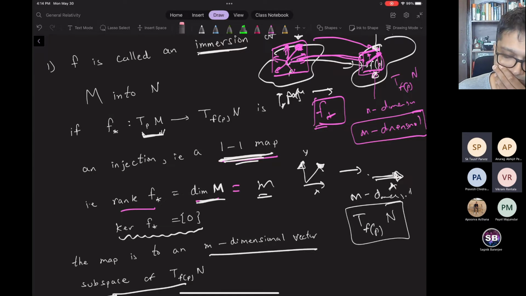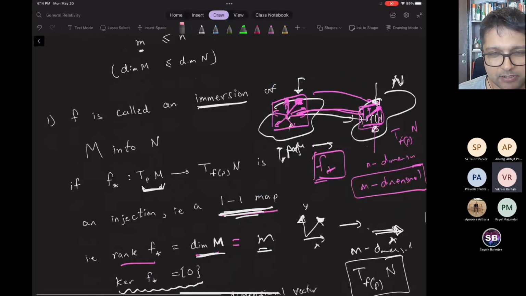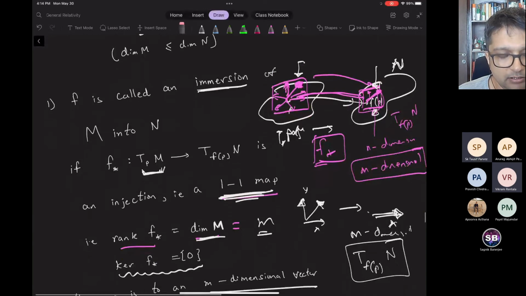Sir, how does this mapping ensure that the mapping is from one m-dimensional space to another m-dimensional space, which is a sub vector space of a bigger dimension? No, we're saying that this is a definition. So if the map satisfies this criteria, then we call it an immersion.